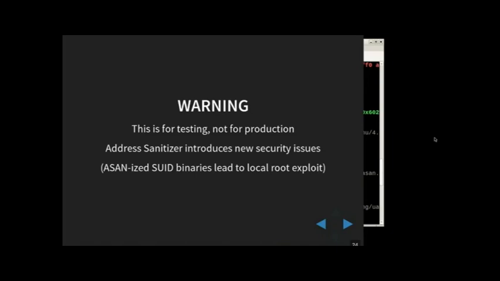Someone on the oss-security list showed a way how you could use Address Sanitizer to become root if you have a suid executable compiled with Address Sanitizer. So this introduces security issues. At least in the way it's currently working, it is not usable practically as a production protection mechanism. So it's a good testing tool, but it's not something you want to run in the real world.